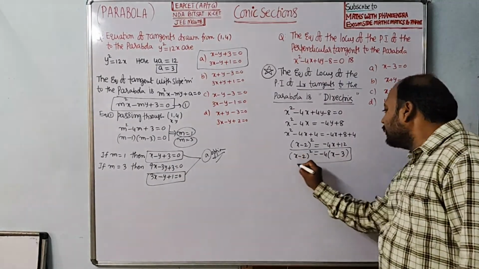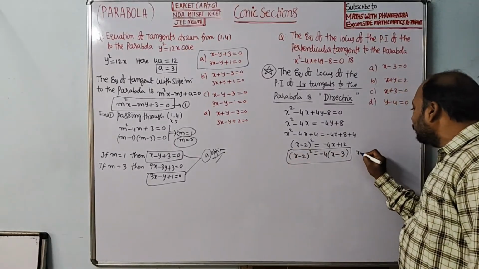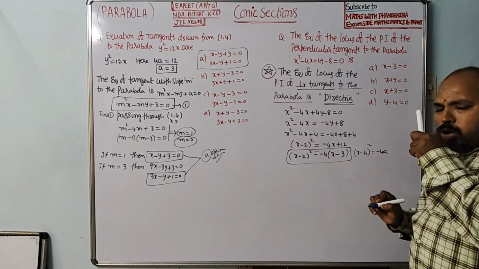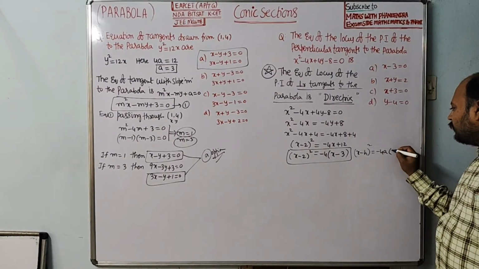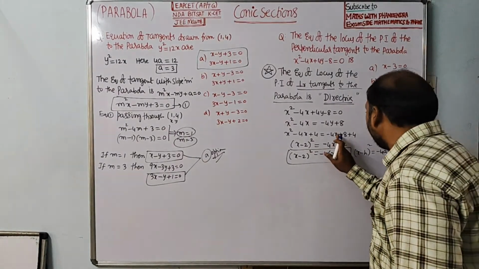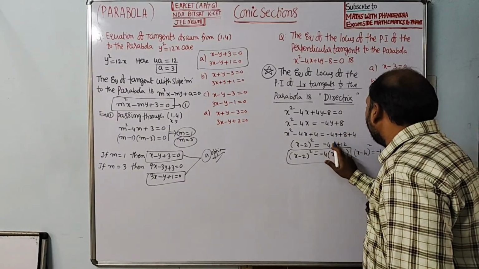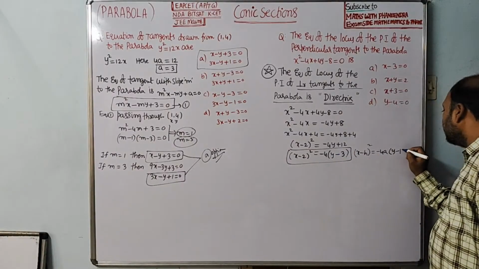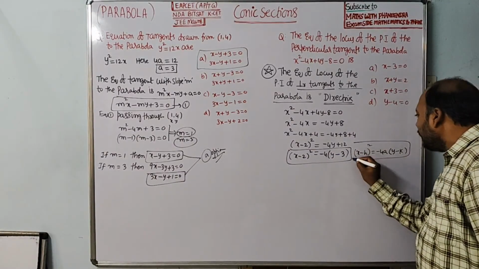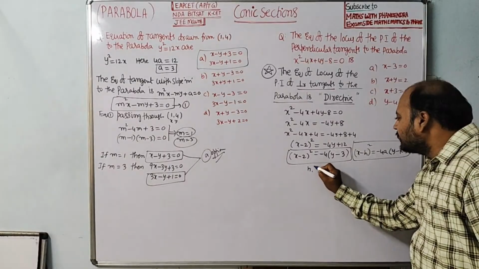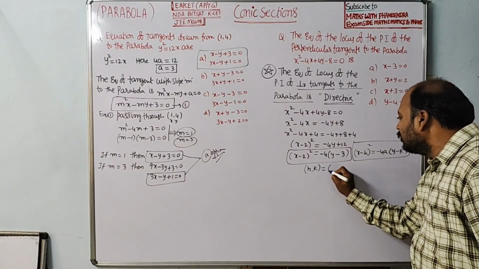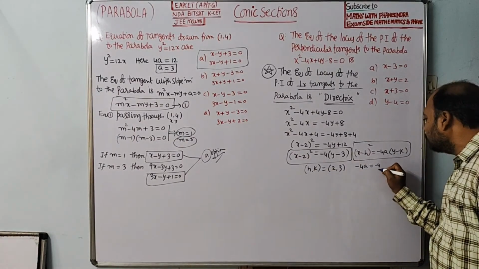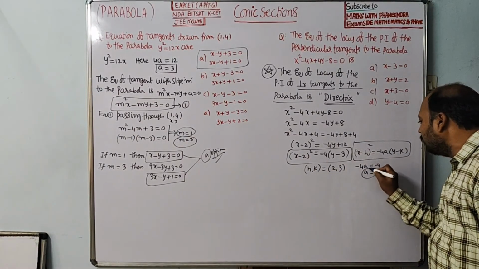(x minus 2) whole square. This equation you have to compare with (x minus h) whole square equal to minus 4a into (y minus k). So on comparing both sides, h comma k is equal to 2 comma 3 and minus 4a is equal to minus 4, a is equal to 1.